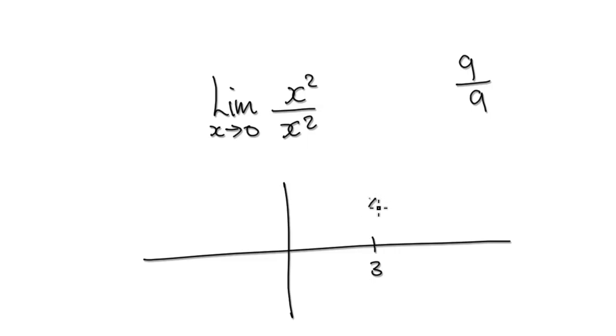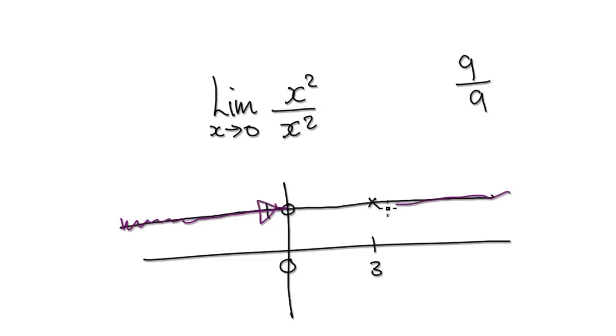So that would still be 1. It turns out that everything will be defined except dead on 0. So your graph will look like this. Now what is the limit of this as x heads towards 0? Put your pen nib here and head towards 0. You can see that you're heading towards a height of 1. So the limit here is 1.